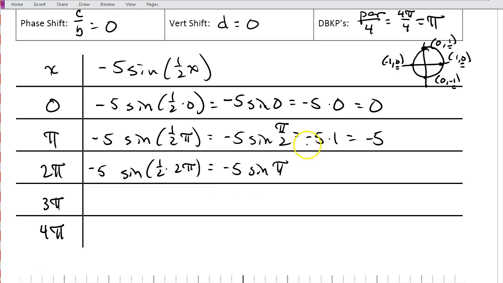Again, I'm going through these calculations rather quickly. If you need help on that, make sure that you get that for me. So -5 times 0 is 0.